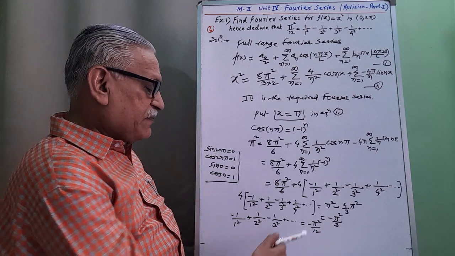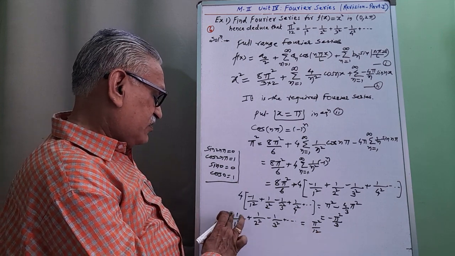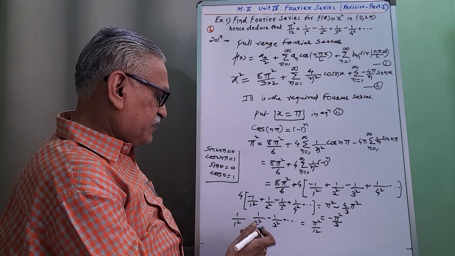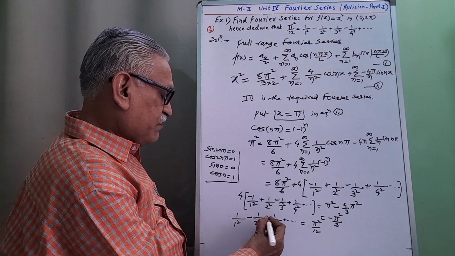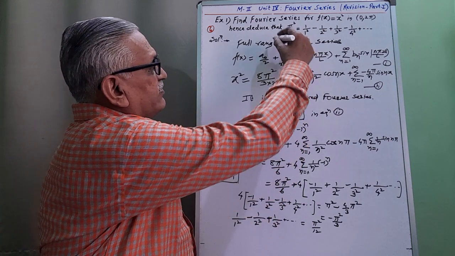And then multiplying by minus sign throughout, this becomes plus pi square, this becomes plus, this becomes minus, this becomes plus, means we get the required result.